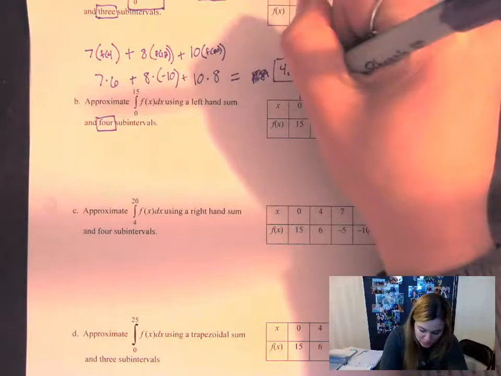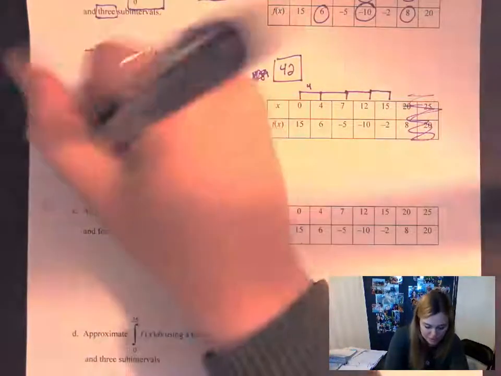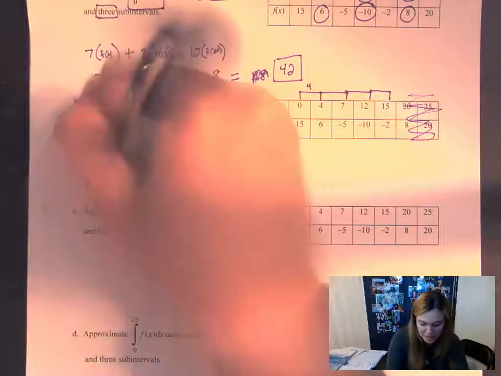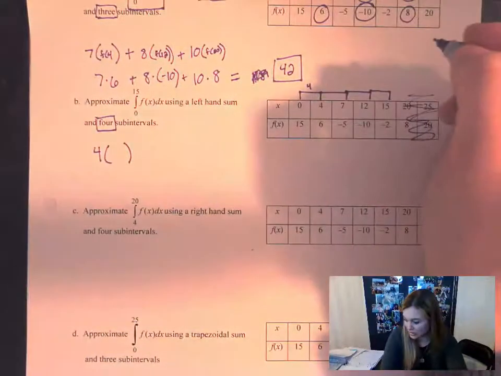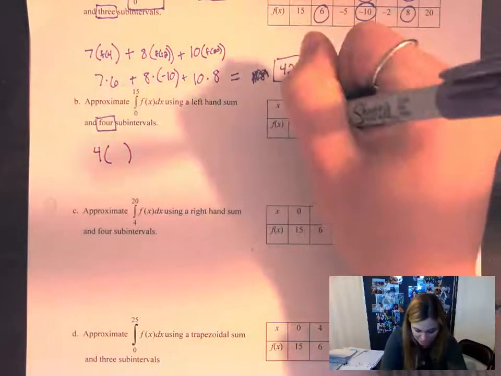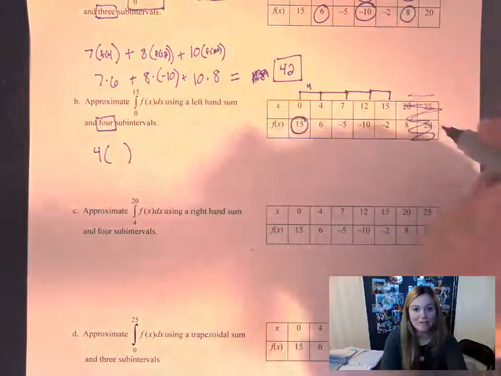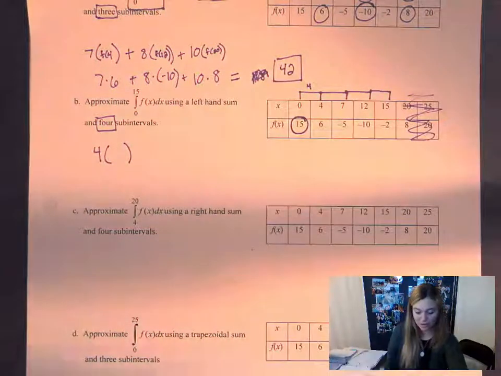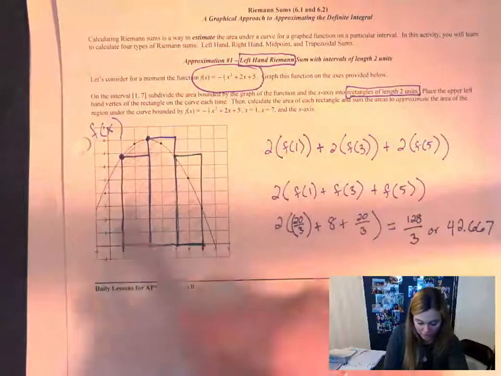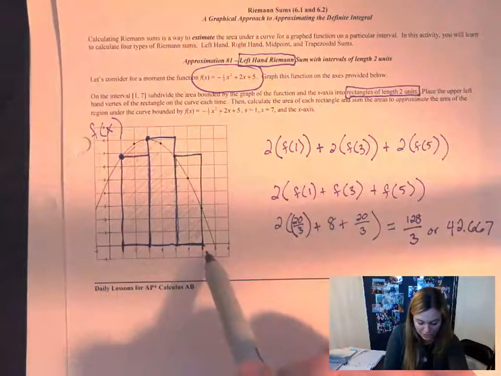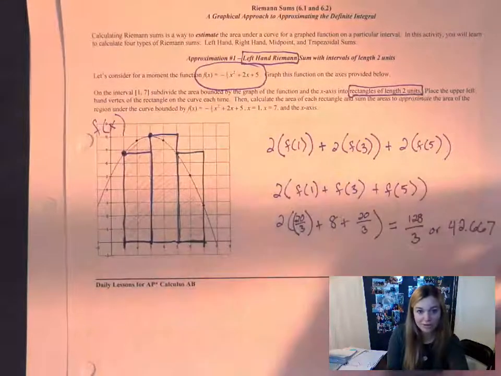The distance between 0 and 4 is 4. So I'm going to say 4 times. Now I'm going to the left. So if I find something to the left, that would be f of 0. Or I can see here when we started our integral it was from 1 to 7, we said f of 1. Same idea.